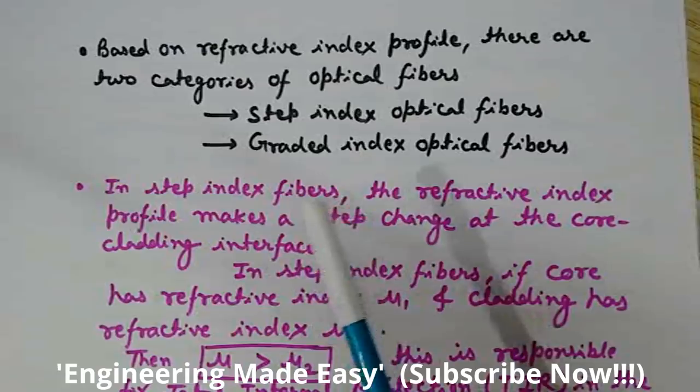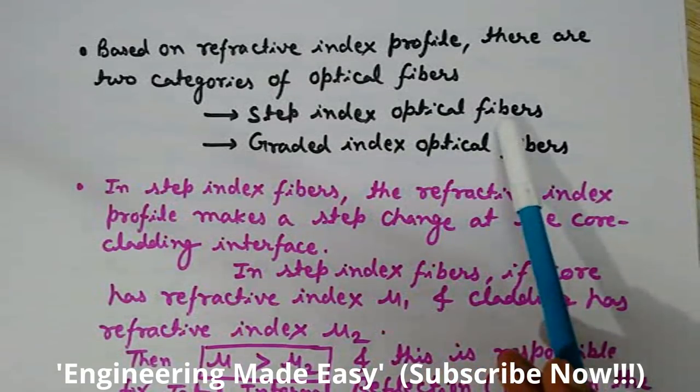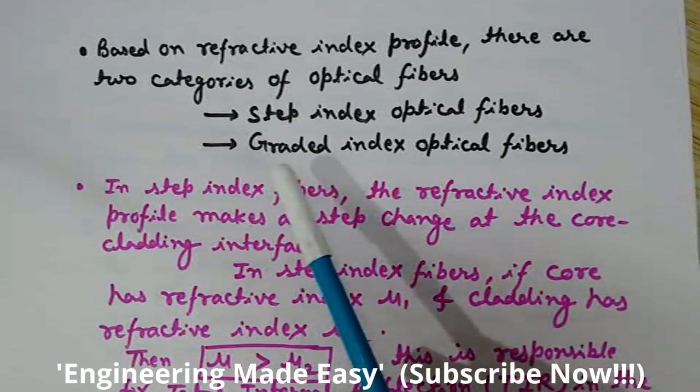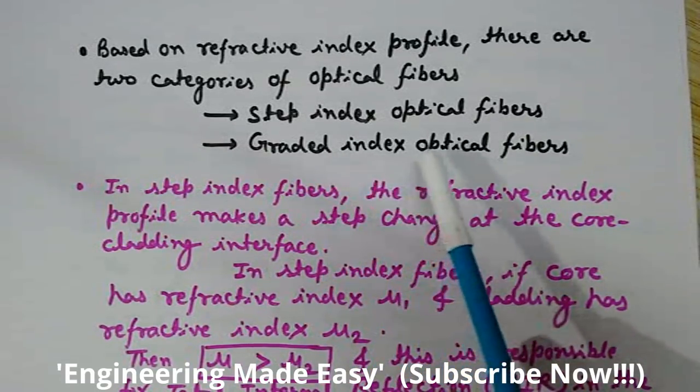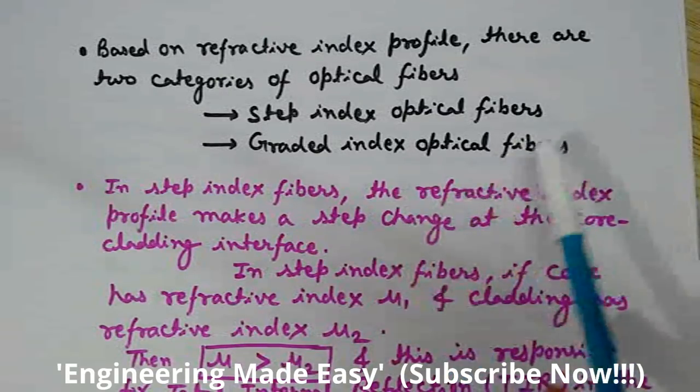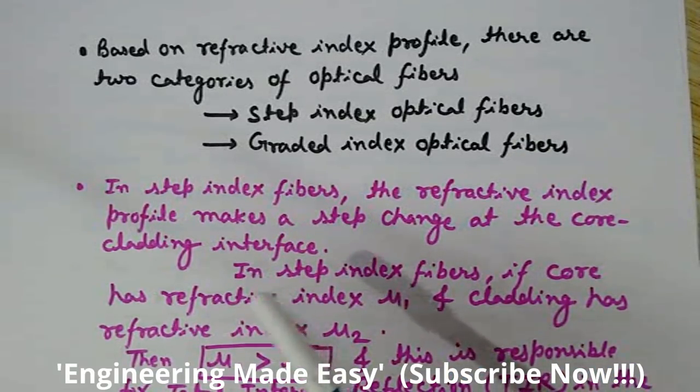The first type is the step index optical fibers, and another is the graded index optical fibers. So what are these two? Let's understand each of these.